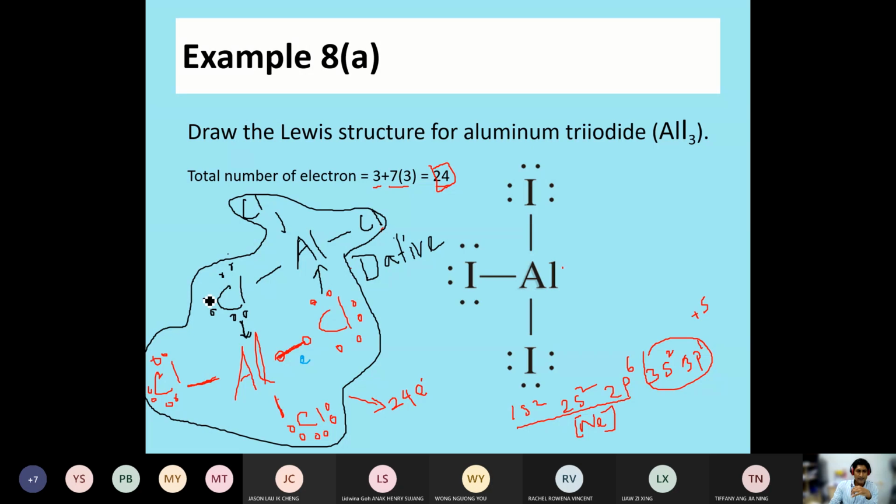And for your information, if we heat aluminium trichloride to 180 degrees centigrade, it will sublime. Sublime means it will go from solid straight to vapor state.